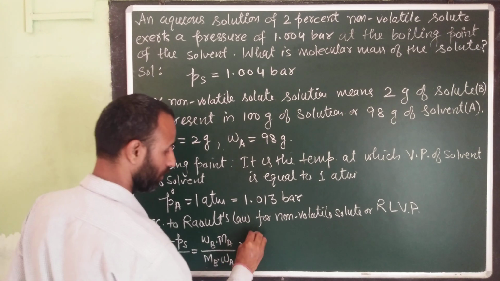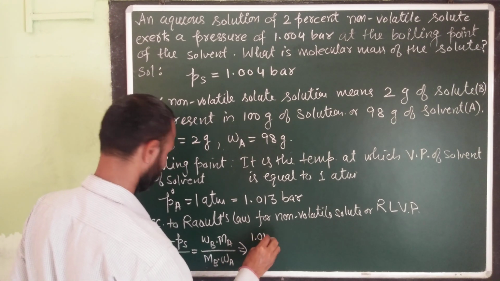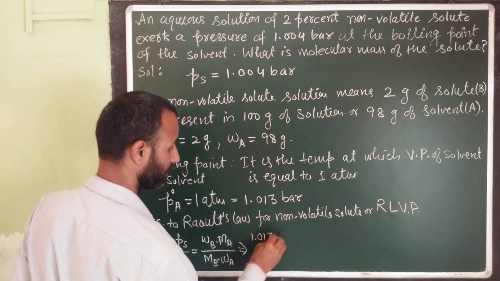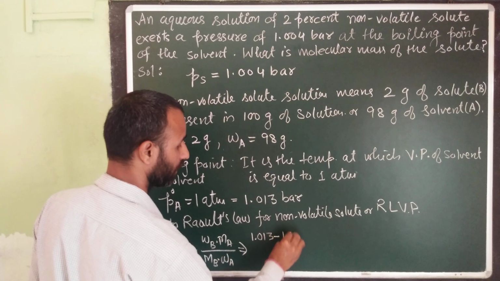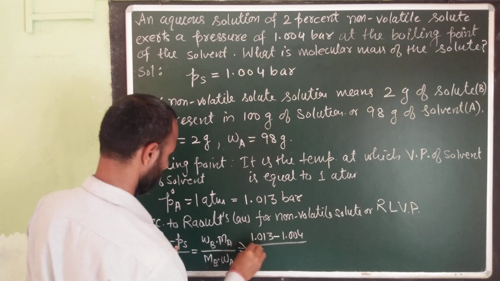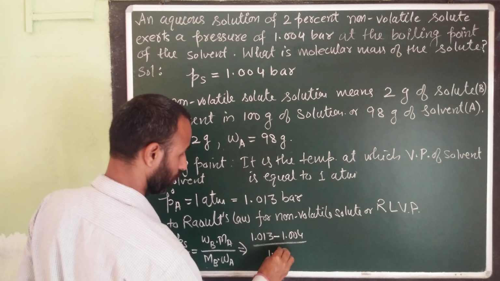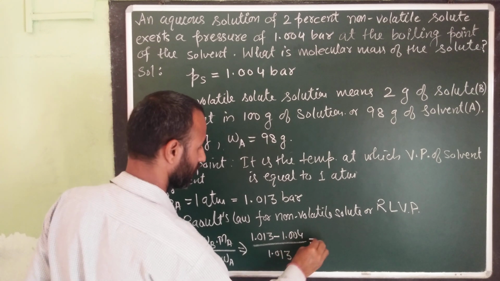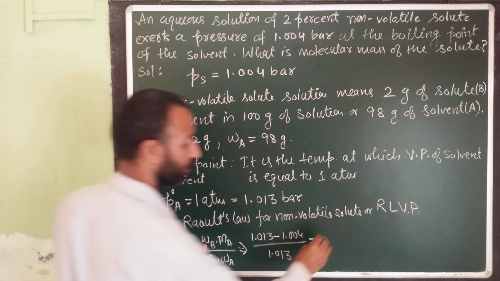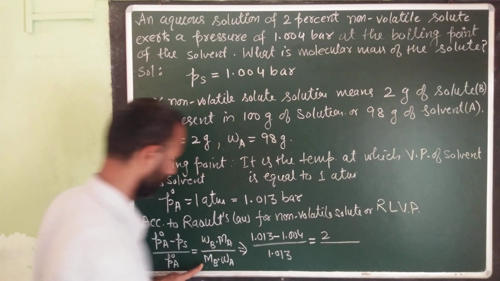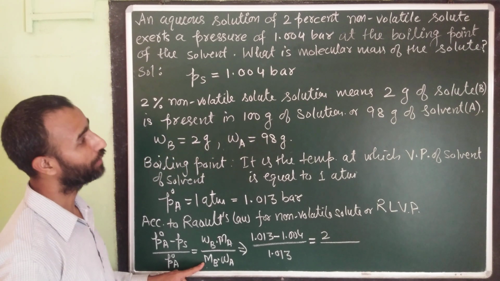P naught A is 1.013, minus 1.004, divided by 1.013, that is equal to WB 2. Yes, what is MB now?